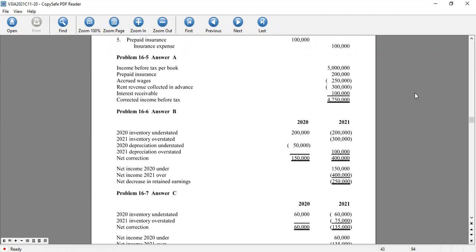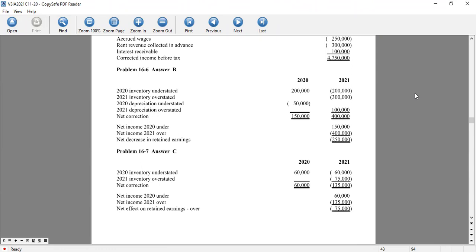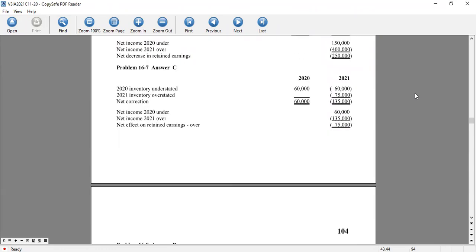So for problem 7, we are now asked to show the effect of the errors on retained earnings for 2021 and 2022 finally.